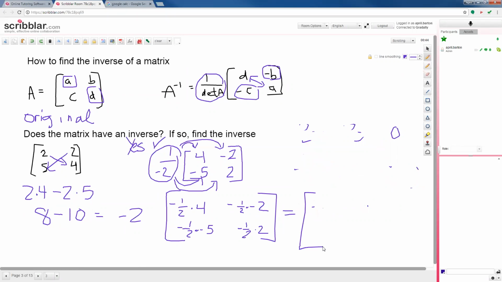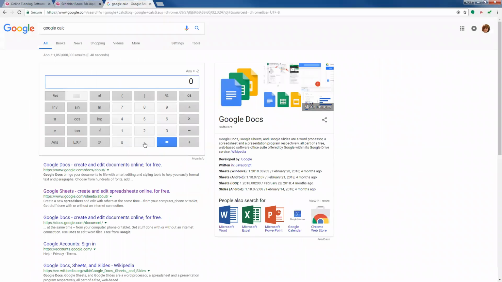So that first answer was -2. And then we keep going. -1/2 times -2. So depending on your calculator, you do have to be careful with minus versus negative. -1 divided by 2 times -2. This calculator, you just use the minus sign for everything.